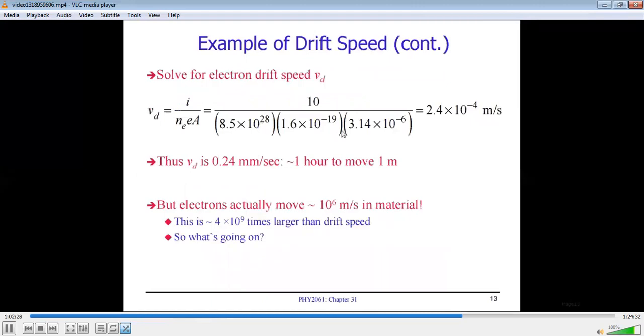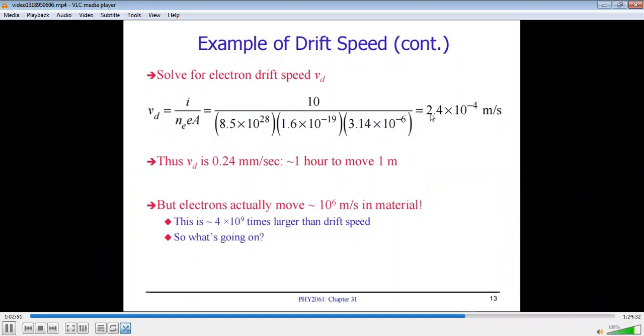So solve for the electron drift velocity. Drift velocity equals I divided by n e A. Just putting all the values here, we get the drift velocity. So drift velocity is 0.24 millimeter per second.